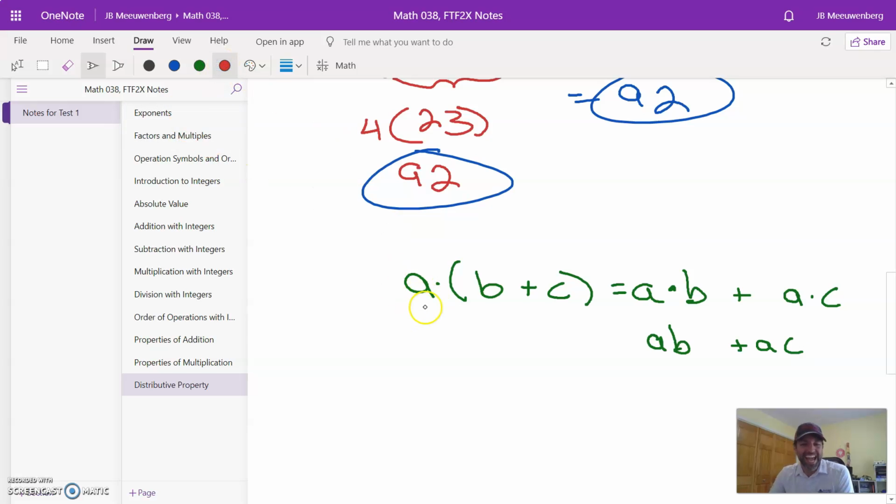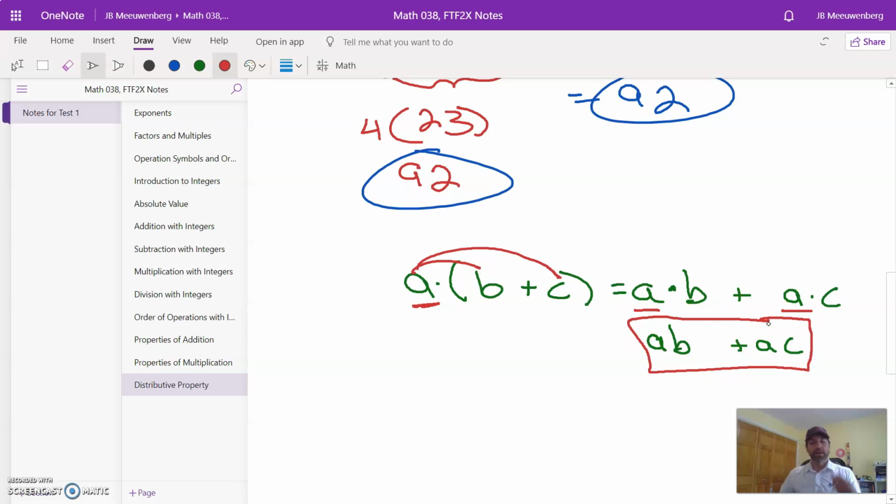Notice that the A got distributed to both terms that were inside the parentheses, and now you see it here and here. There's still addition, and then this would be a simplified way of writing it. So again, that's how we applied the distributive property. It helps us break down the parentheses. Sometimes it's nice to get rid of parentheses because it allows us to be more flexible with the rest of our problem. So that's how we apply the distributive property of multiplication over addition.